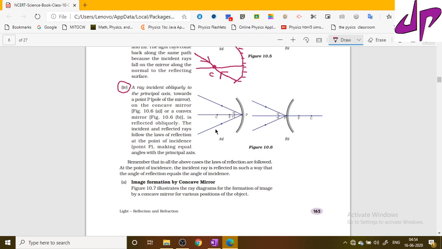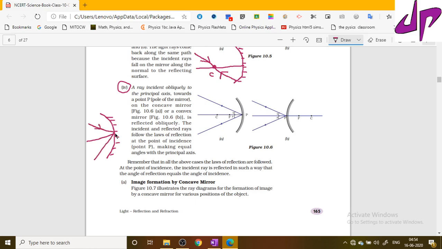Draw a concave mirror. This is the non-reflecting surface, and this is the principal axis. This is the incident ray and this is the reflected ray.